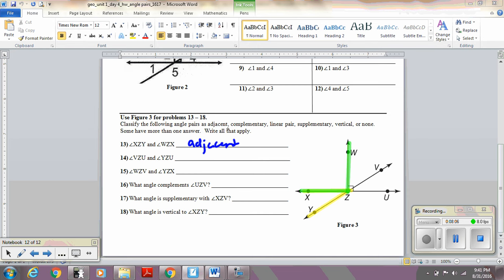But together they don't form a line, so it's not a linear pair. And together they don't form 90 degrees, so it's not complementary. So the only relationship they have is that they're next door, so they're adjacent.